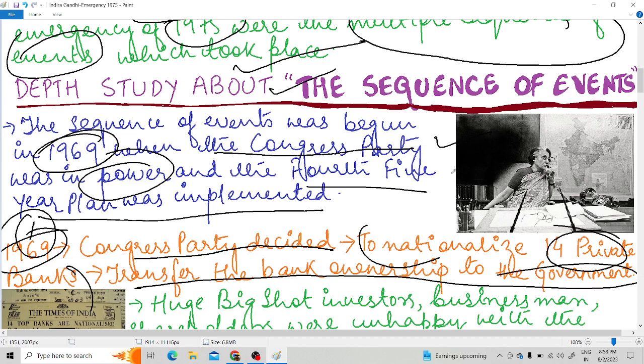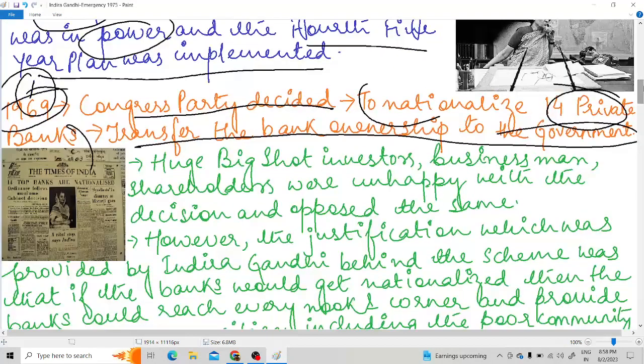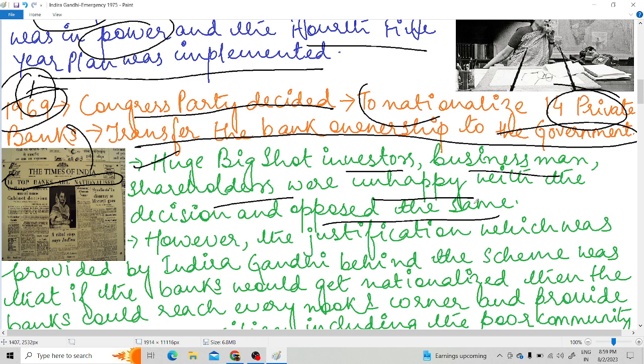In this picture, we can see the ex-Prime Minister Srimati Indira Gandhi. And this is a paper cutting which depicts that 14 top banks were nationalized. Huge big shot investors, businessmen, and shareholders were unhappy with this decision and opposed it.